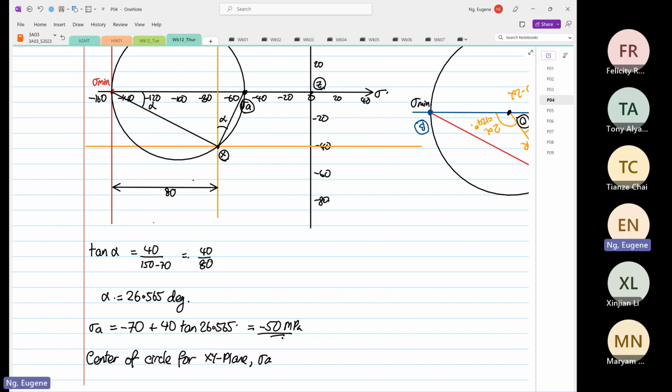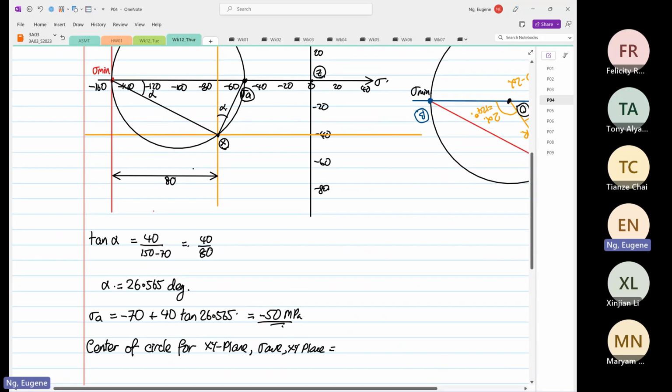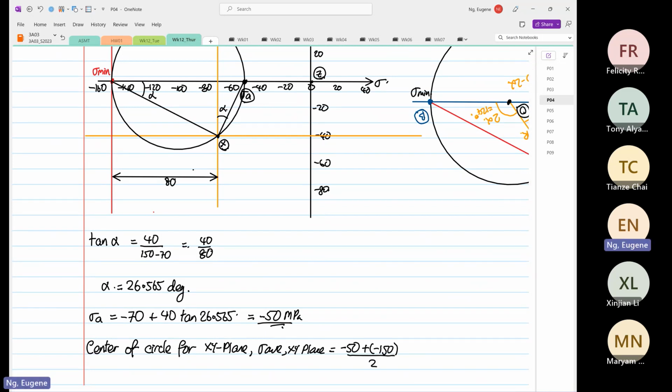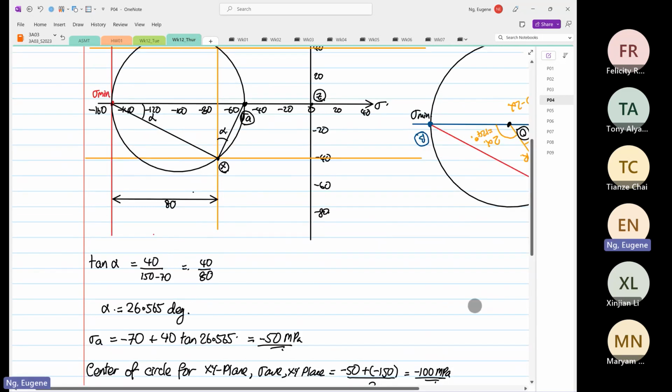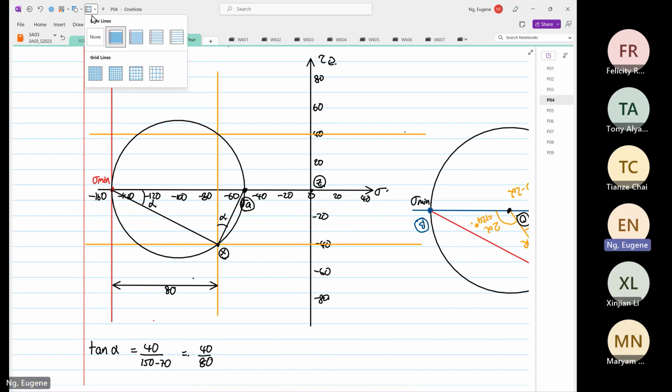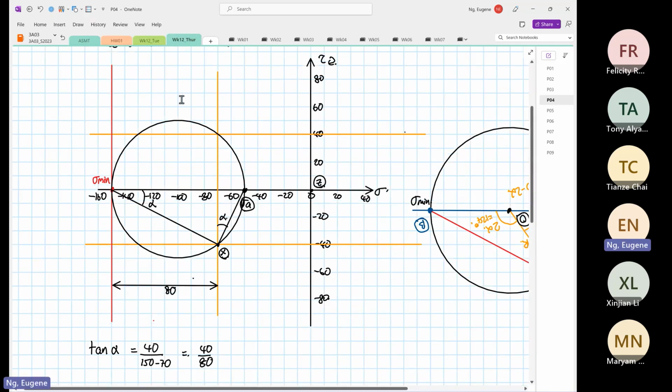So the stress average for the XY plane is equal to minus 50 plus minus 150 divided by 2, which is equal to minus 100 megapascal. So the center of circle is at minus 100. Now we know, so this will be our point O.